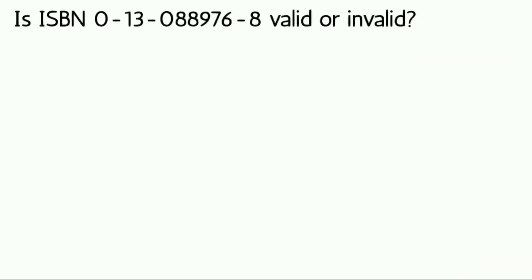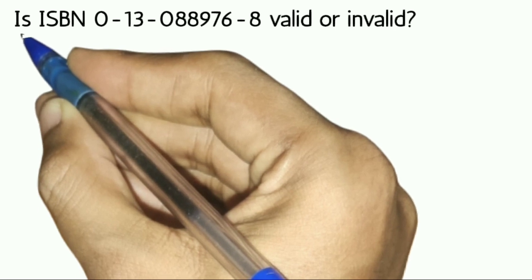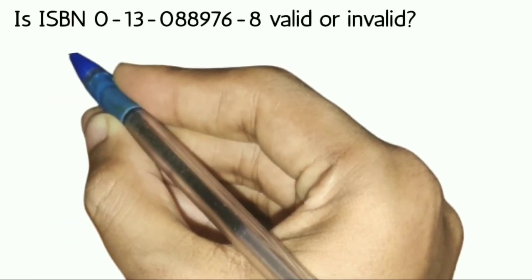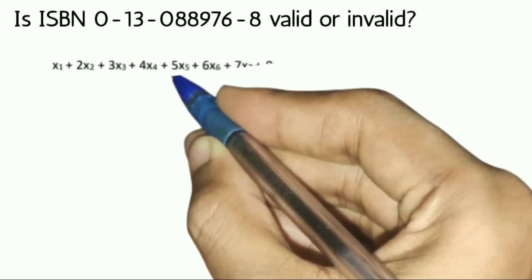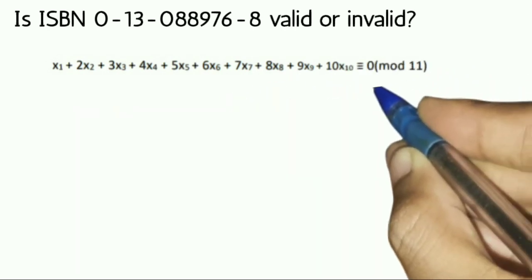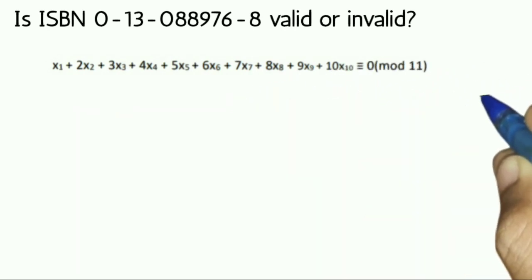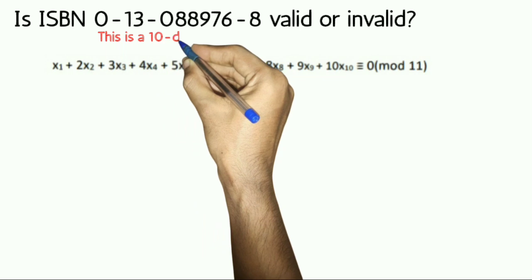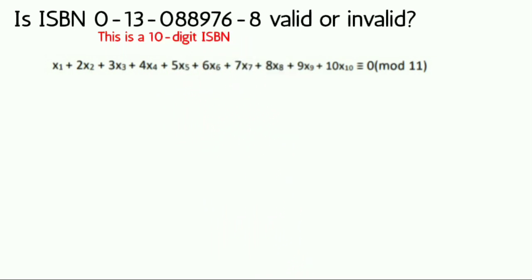Remember that in order for the ISBN to be valid, the weighted sum should be divisible by 11. If it's not divisible by 11, therefore, the ISBN is invalid. Dito sa ating ISBN, meron tayong 10 digits. Therefore, this is a 10-digit ISBN.